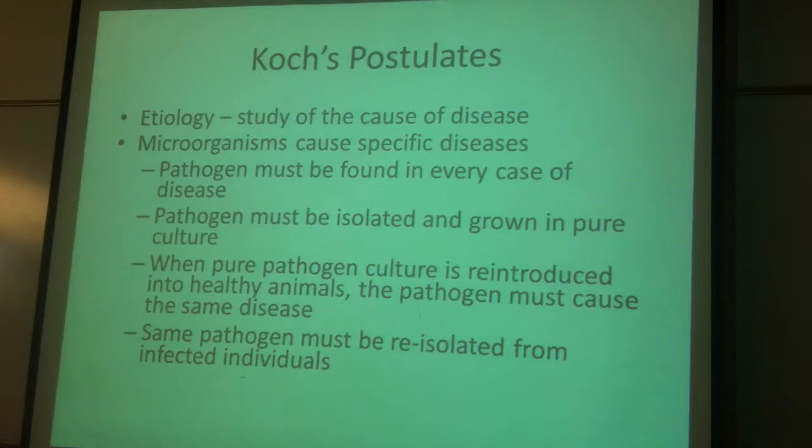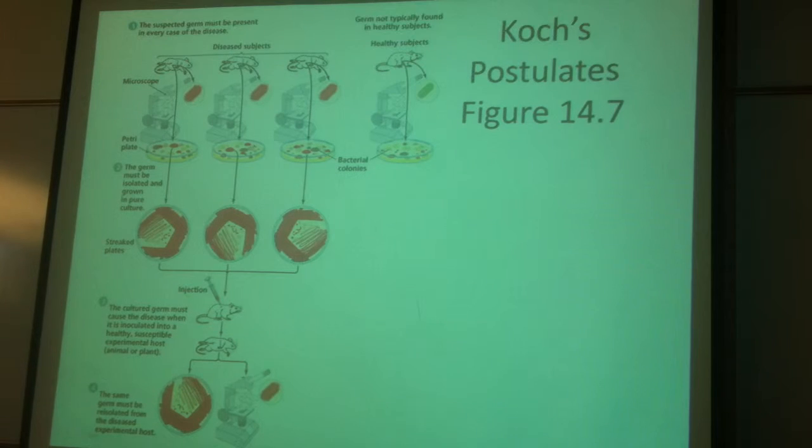It must be isolated, grown in pure culture. When in a pure culture, it needs to be reintroduced and needs to cause the disease, and then from the diseased animal you need to be able to find that same culture, that same microbe, okay? So, find it in all of the diseased subjects, not in the healthy. Isolate single colonies, reintroduce, kills them, refind.